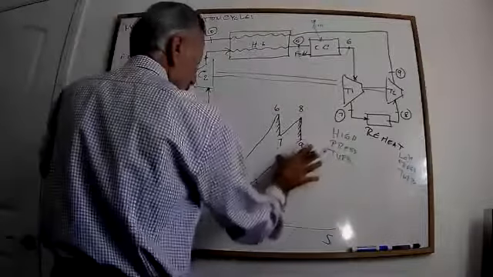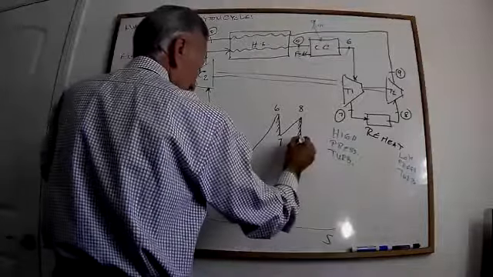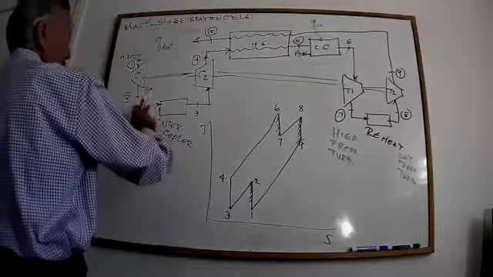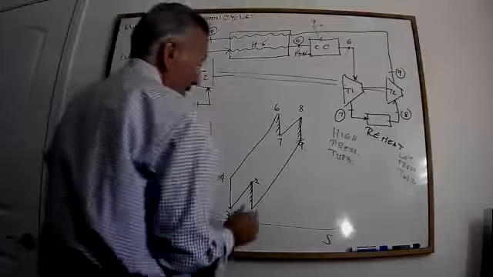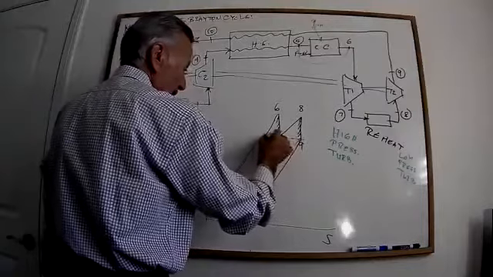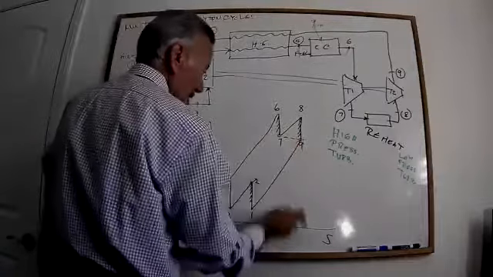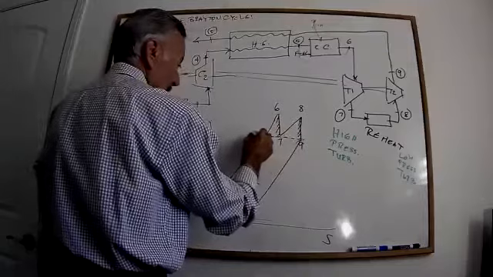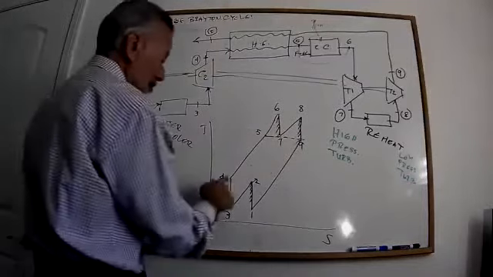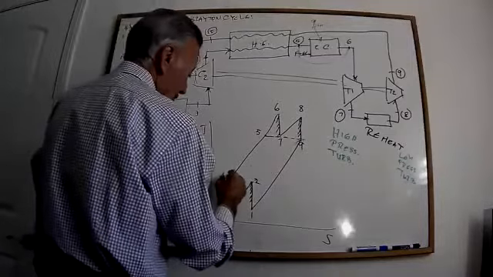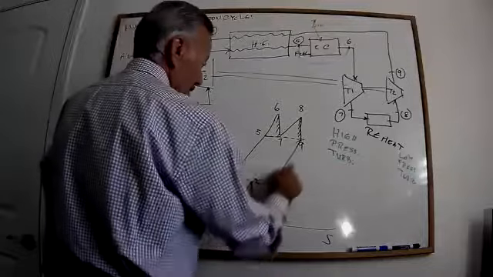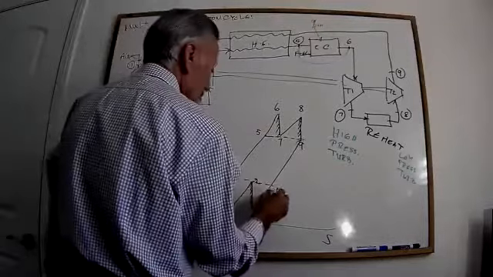Oops, sorry, wrong way. Now, in order to find 5, I will draw a line connecting 9 and 7, which is parallel to this axis, until I hit this point, I make it 5. In order to find 10, I draw a line connecting 4 and 2, continue until I hit this curve, so I have 10.